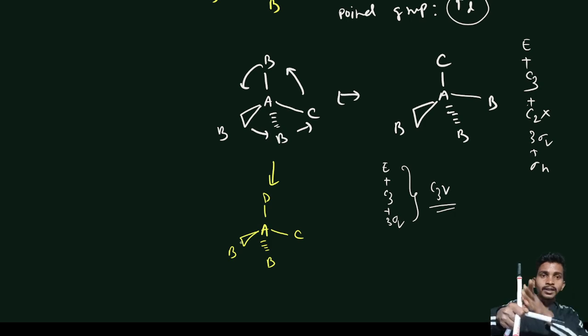So you see these are in the plane, and one is front to you, another is back, and these are in the plane. So here what type of axis is there? You can see that these are in the plane and these are the same, and one front, other back.